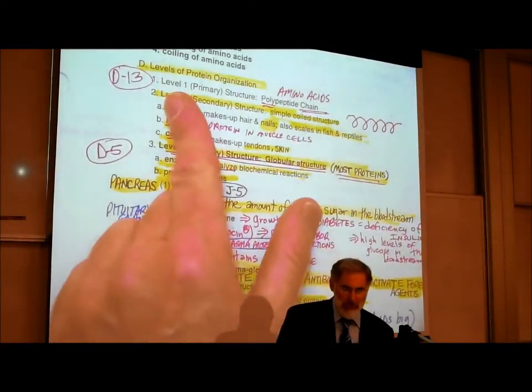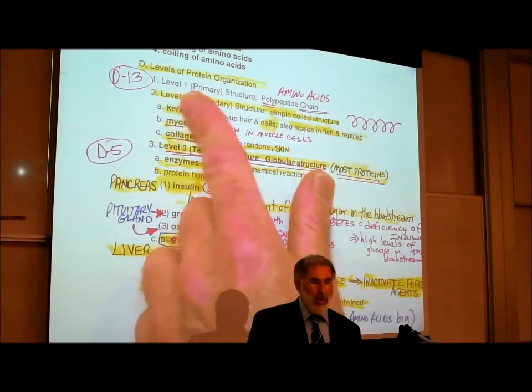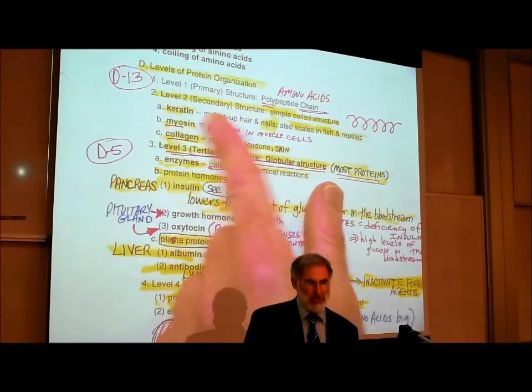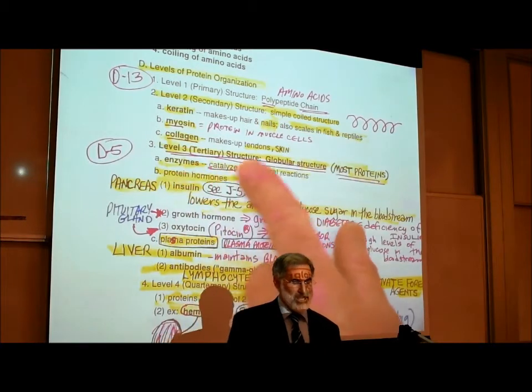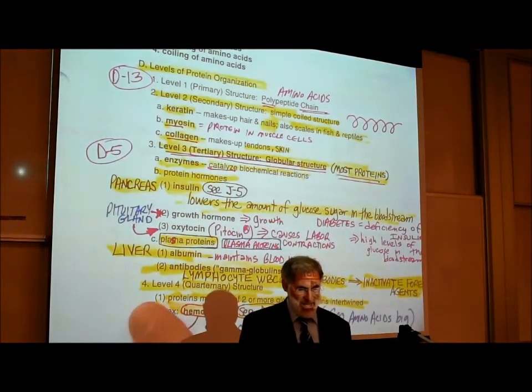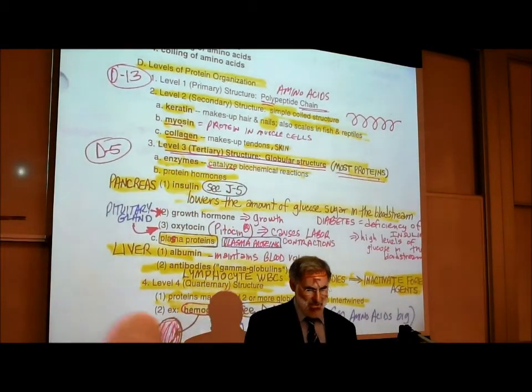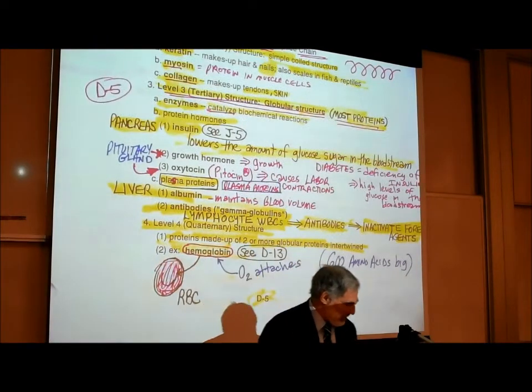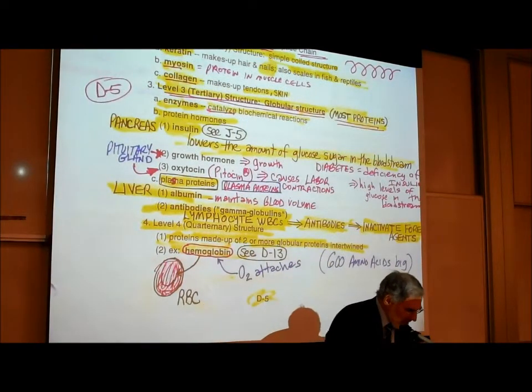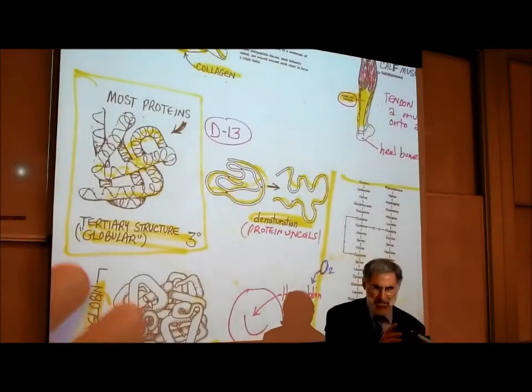So, first off, what do we mean by level 1, primary structure, level 2, secondary structure, level 3, tertiary structure, and way down here at the bottom of the page, level 4, quaternary structure. In fact, that's what we were showing you on page D13.